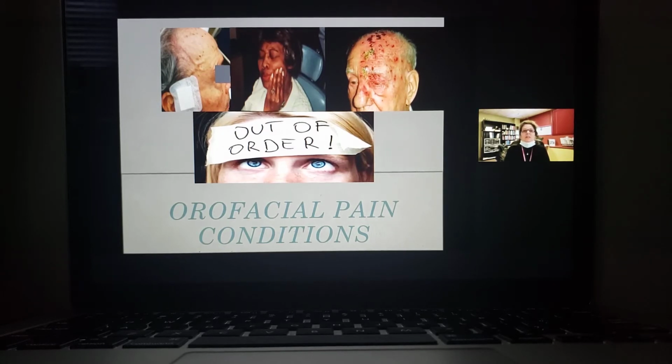Those DC/TMD diagnoses were supported by validity estimates based on sensitivity and specificity, which makes it very unique, because not every single diagnosis that we deal with as dentists has that level of clinical validity.